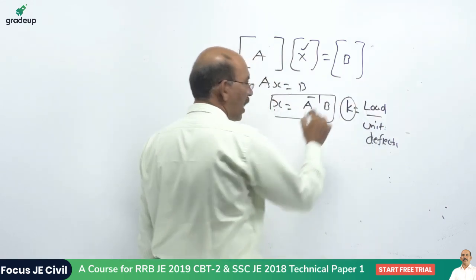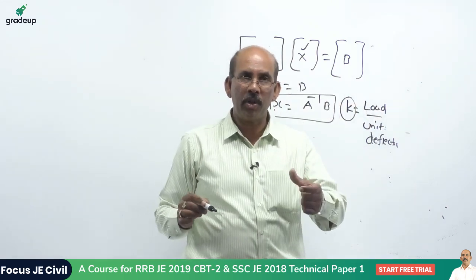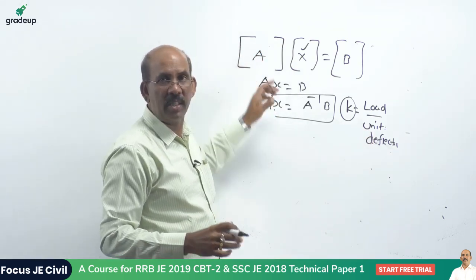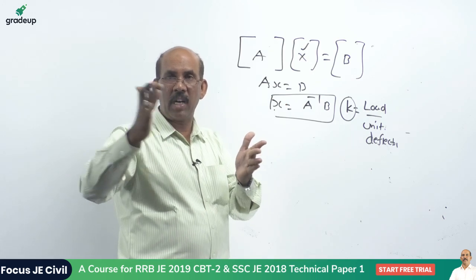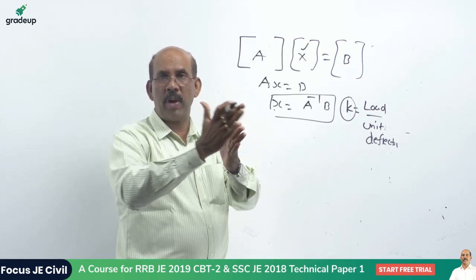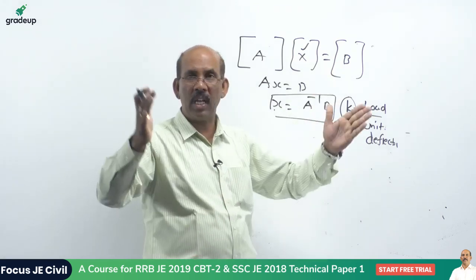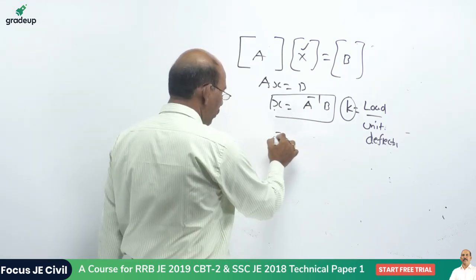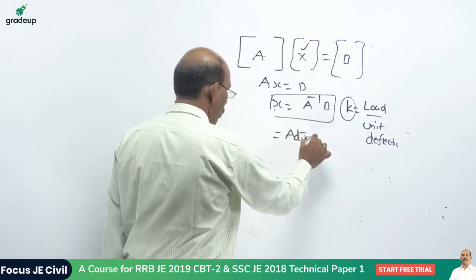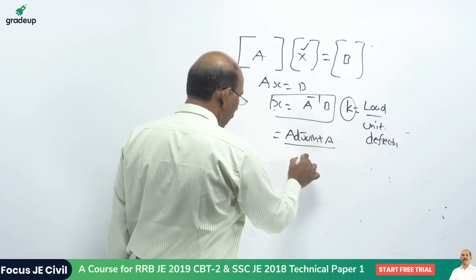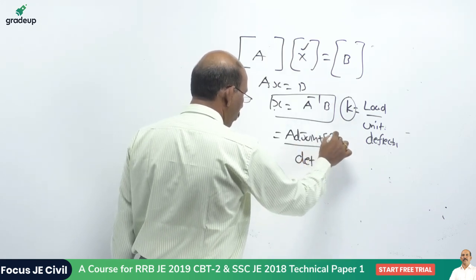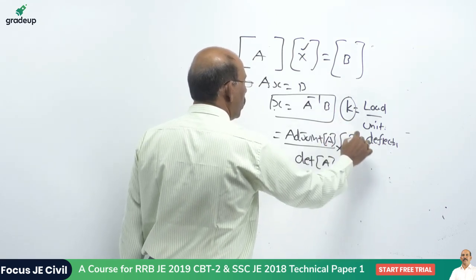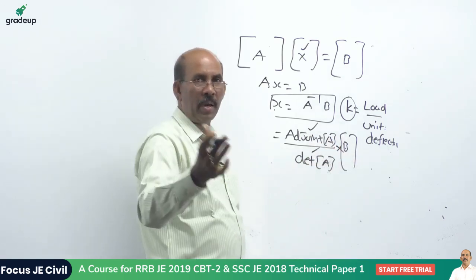So the stiffness values which you are going to compute here, you express in terms of the stiffness K1, K2, and accordingly the deflection you finally calculate using this, what is the load that is going to be calculated. So calculate the inverse of the matrix. Inverse is equal to adjoint of A divided by determinant of A into the value of B. So calculate the adjoint, the determinant and multiply it with this one.